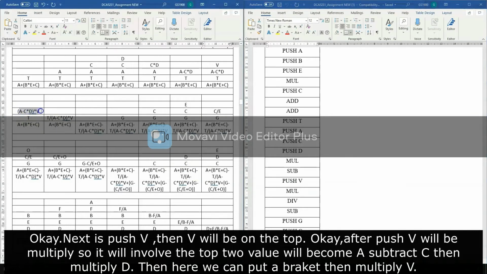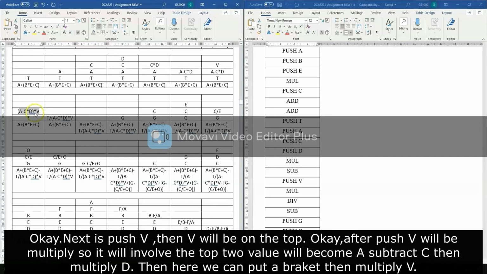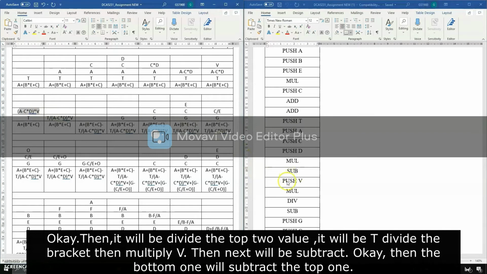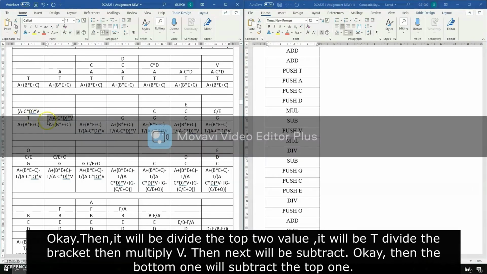So it will involve the top two values, which will become A subtract, then multiply D. Then here we can put a bracket, then multiply V. Okay, then it will be divide. So divide the top two values, it will be T divide the bracket, then multiply V.